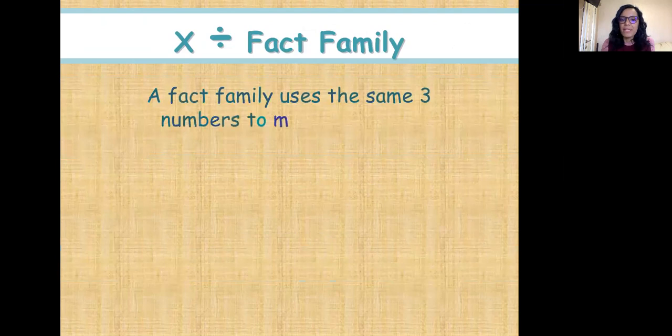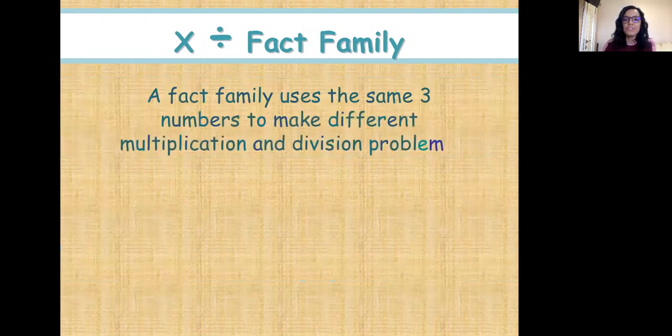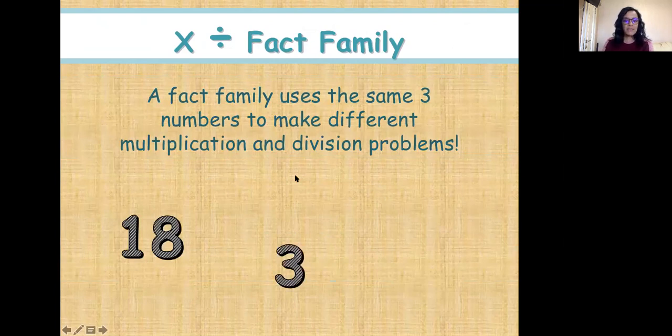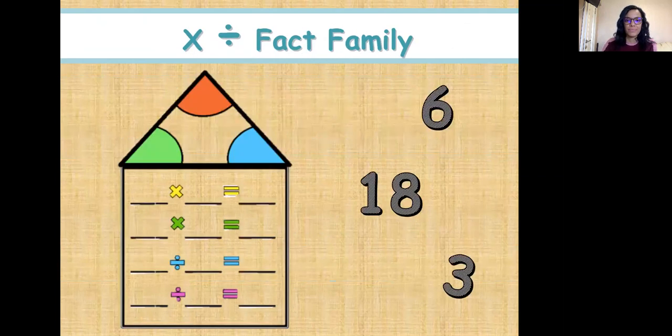Remember that a fact family uses the same three numbers to make different multiplication and division problems, okay? So we could use, for example, these three numbers, 18, 3, and 6, to make a fact family.